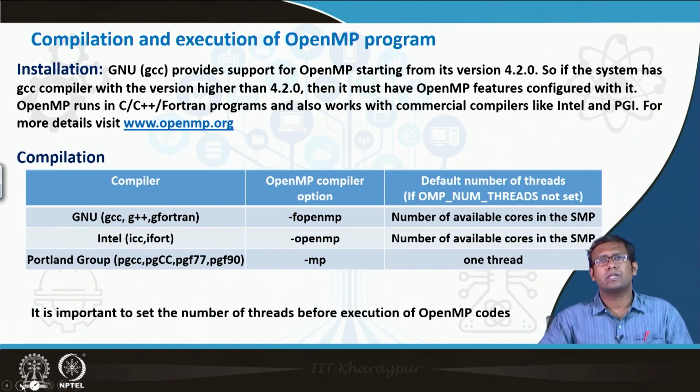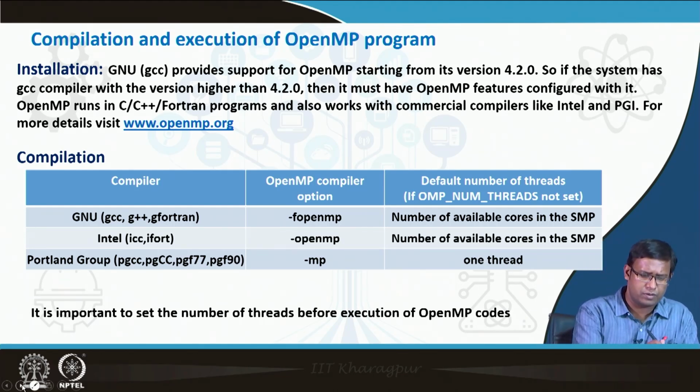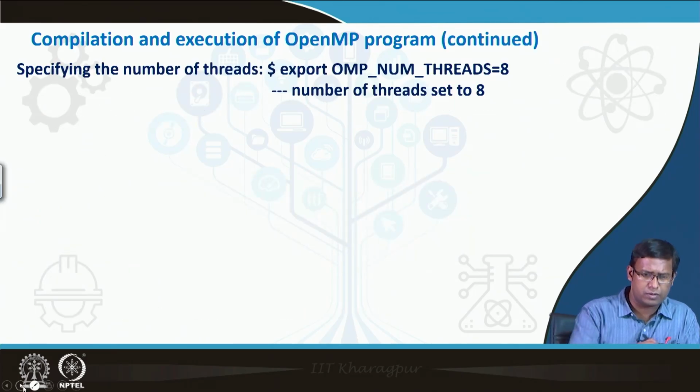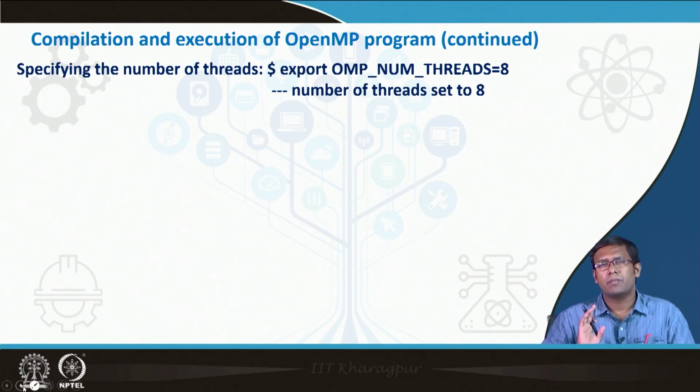It is important to set the number of threads before execution of OpenMP codes, or you can also change the number of threads while executing the OpenMP code. So, on compilation and execution, it is important to set the number of threads.